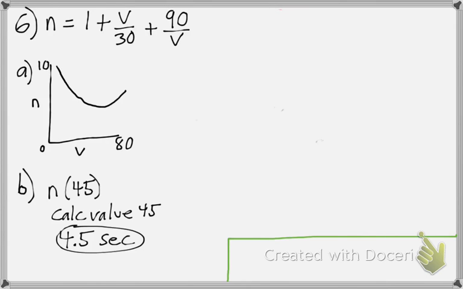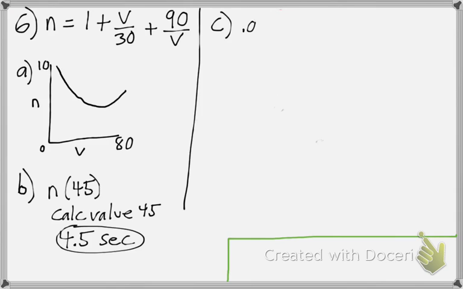Let's look at part C. It says explain in practical terms the behavior of the graph near the pole at v equals 0. So it's kind of like with question number 5. They want us to describe the behavior as we get closer and closer to the asymptote, or to 0.